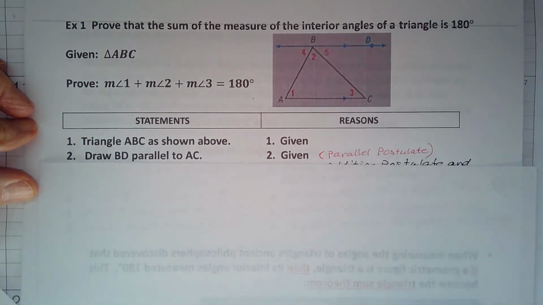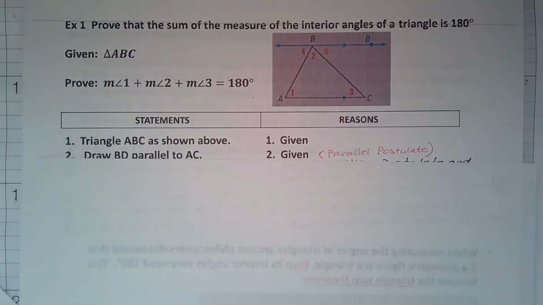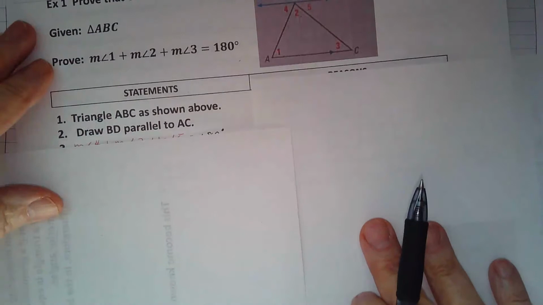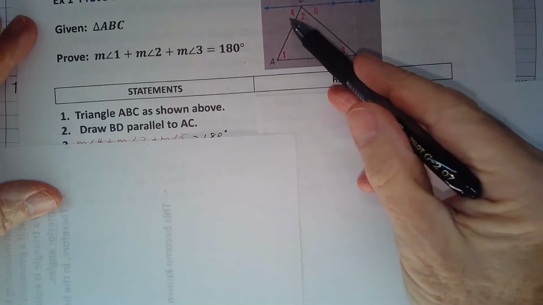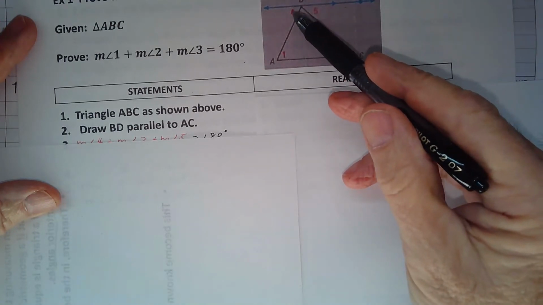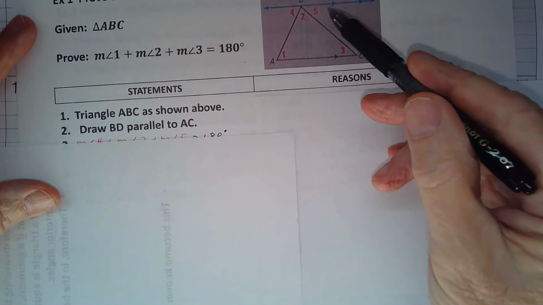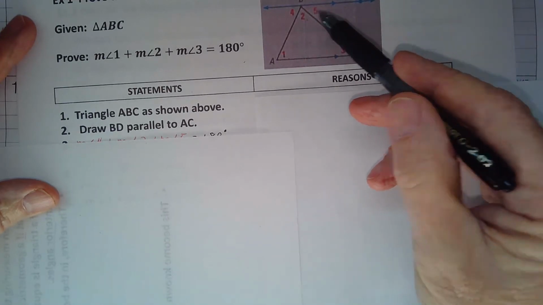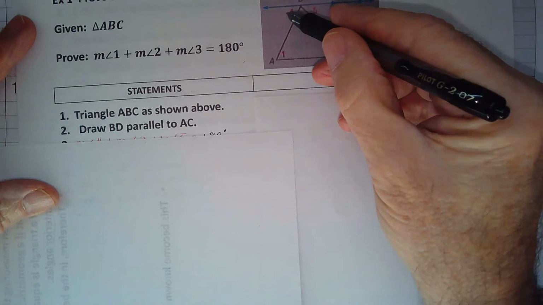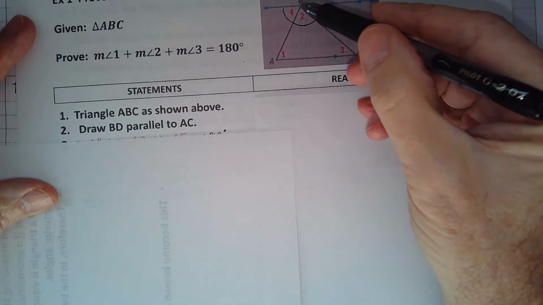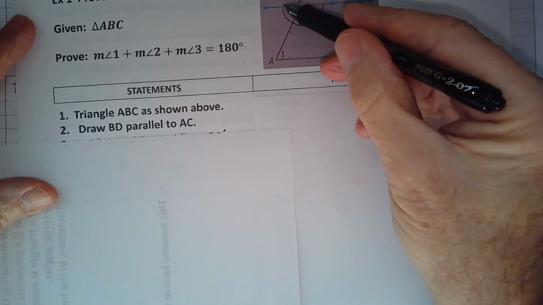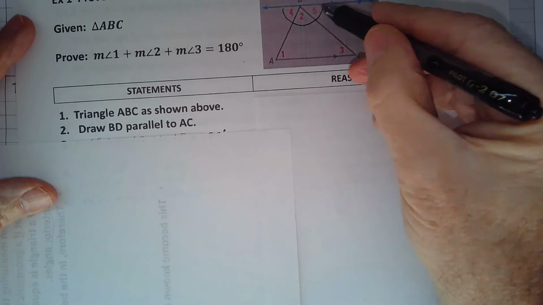All right. Now, let me see here. So what we got going here, if you look at this picture, you'll notice that angle 4 and angle 2 and angle 5, if you were to note, they all share a vertex at B, and that if you add them up, they all form basically three angles that are 180 degrees.